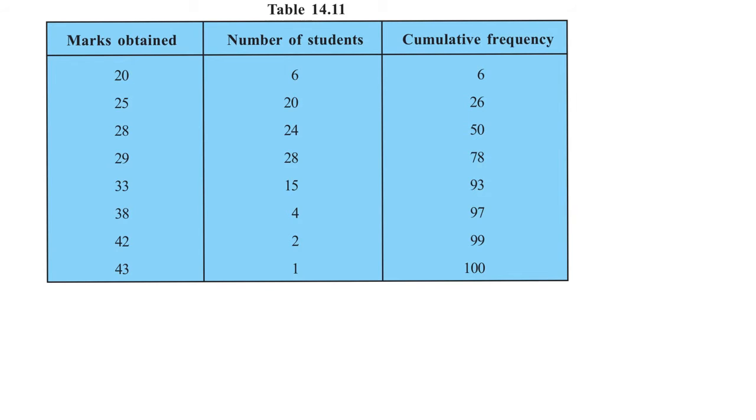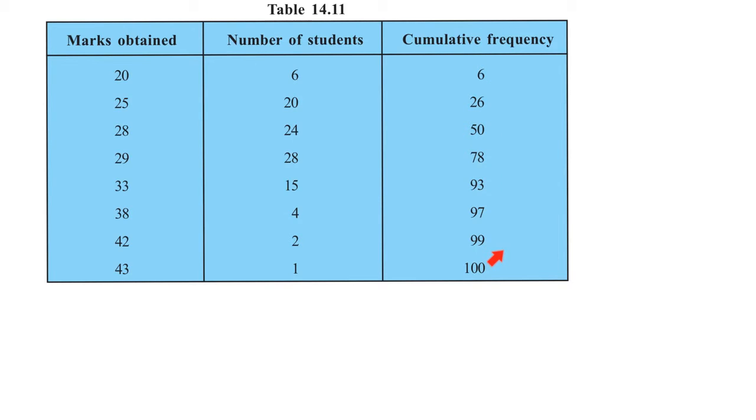So we added the column, the cumulative frequency. The marks obtained were these, the number of students who got these marks were these, and we found the cumulative frequency from the previous table. Remember, up to 25, up to 28. When we sum them up, these are the numbers that we got.